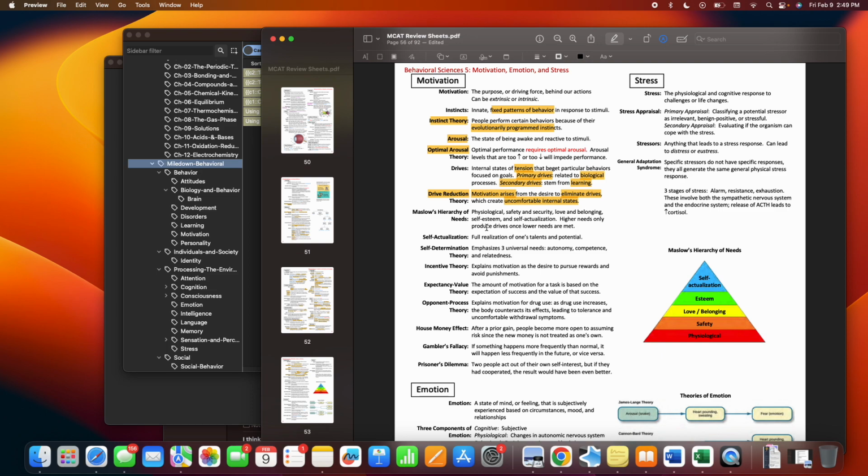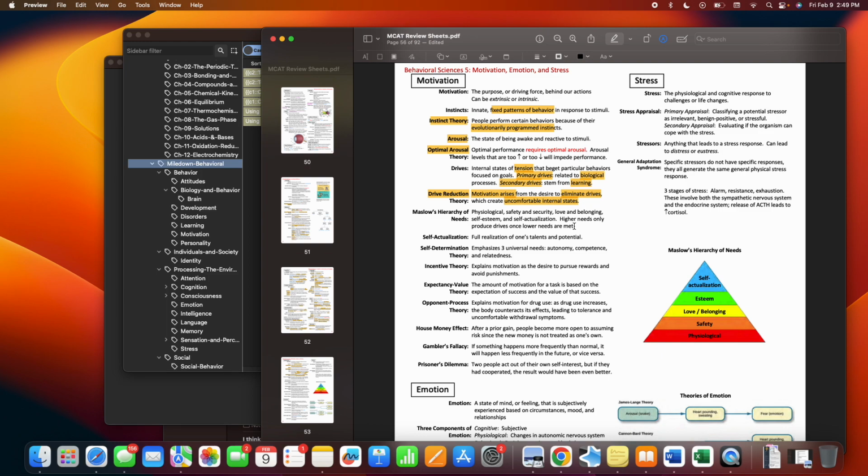And there is also self esteem, which is the fourth level. It's basically like self confidence, and at the highest level, you have self actualization. Can you say that self actualization is the same as success? Who knows? We should maybe ask Maslow. Higher needs only produce drives once lower needs are met.